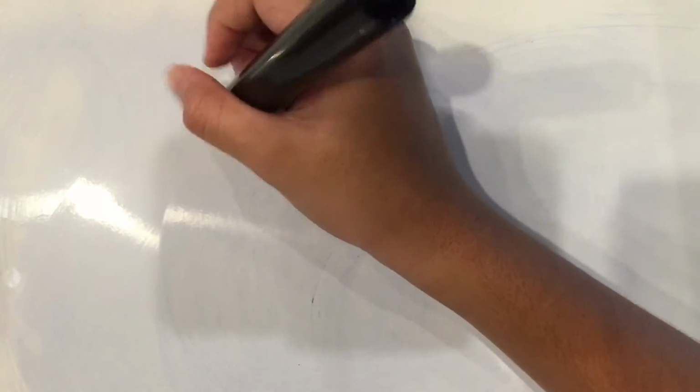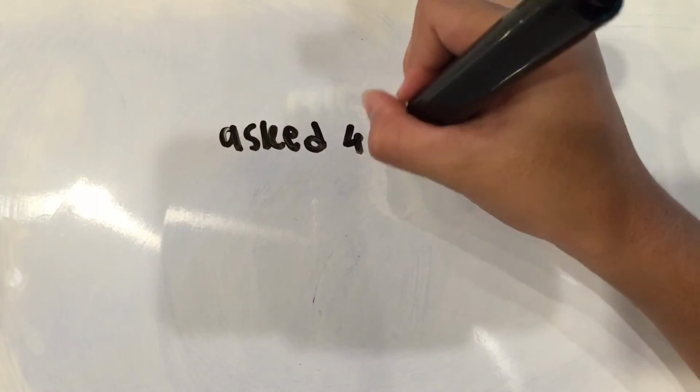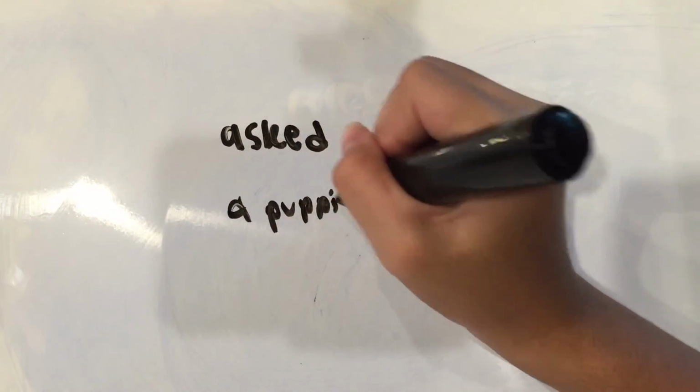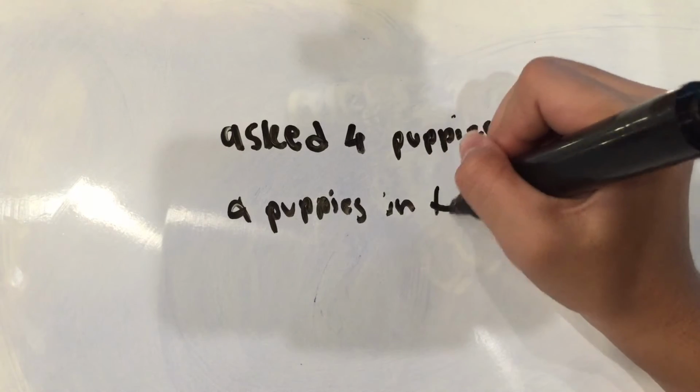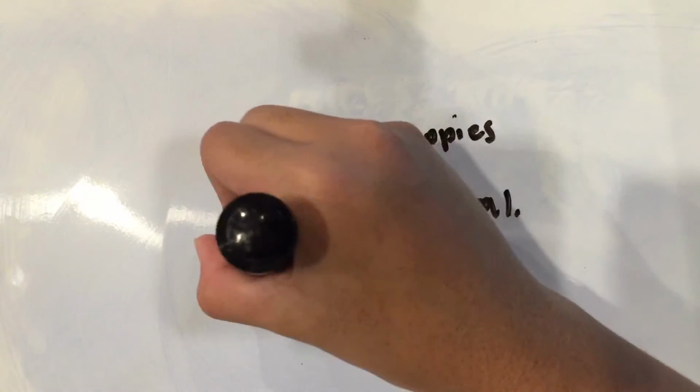So if our word problem is Dana asks the pet store owner for any 4 baby puppies from a cage containing 9, how many possible puppy combinations could be picked? First we're going to write down: asked 4 puppies, 9 puppies in total. N represents the number of items, so that is the number of items.